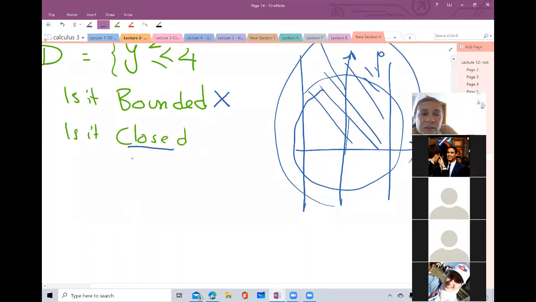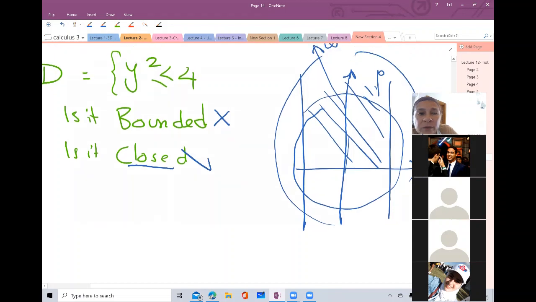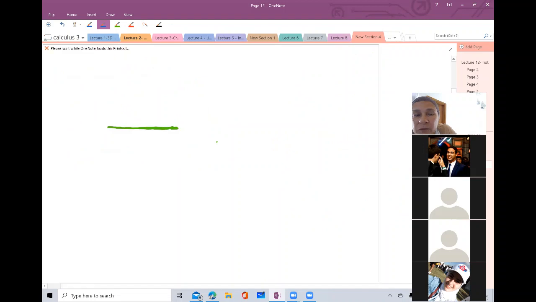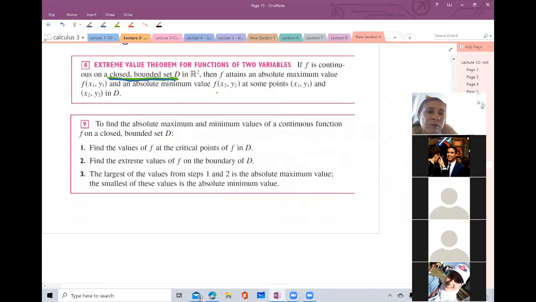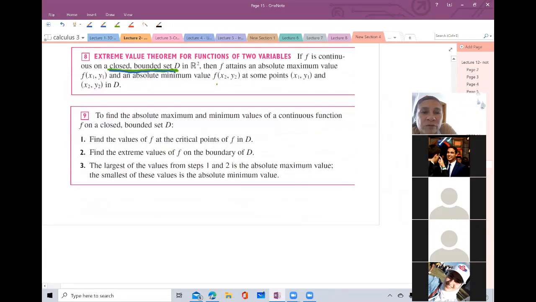Is it closed? Yes, it is closed, because I have all the boundary points, less than or equal. So when I want to apply this theorem, I take a look and make some observations on the domain I'm working on. Is it closed and bounded? Then I'm sure from the Extreme Value Theorem that there must be an absolute maximum and an absolute minimum.